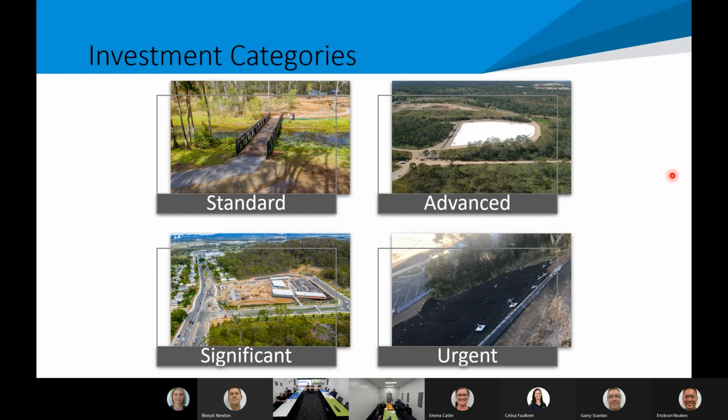So the third category is significant, and these are ones that we don't do, probably haven't done ever, or they have that really high complexity, they involve a lot of stakeholders, they're typically going to be big money type projects, but sometimes not always.